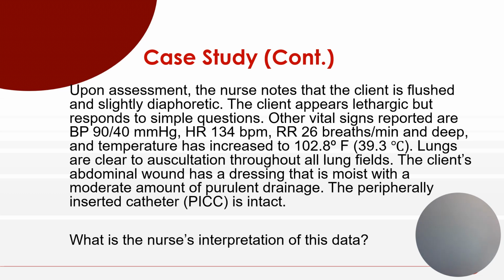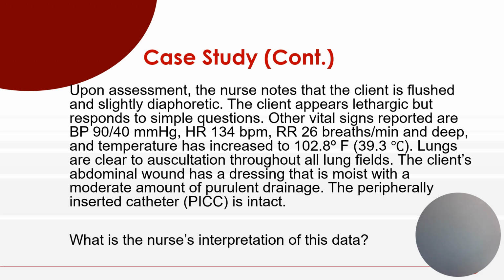Well, the development of infection should be considered based on the client's operative history and vital signs and the purulent exudate. The client is also tachycardic, has increased respiratory rate. These are all signs of potential infection.